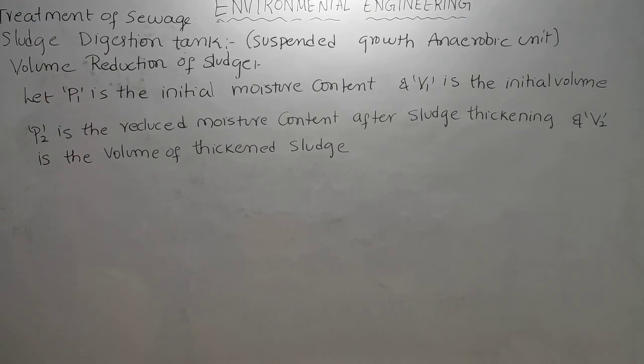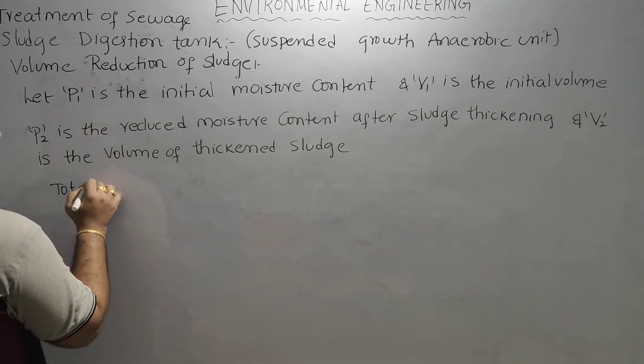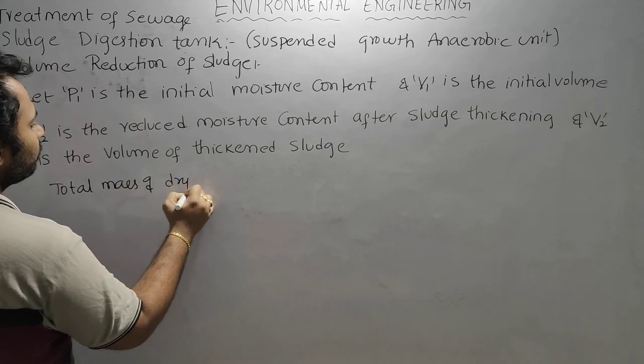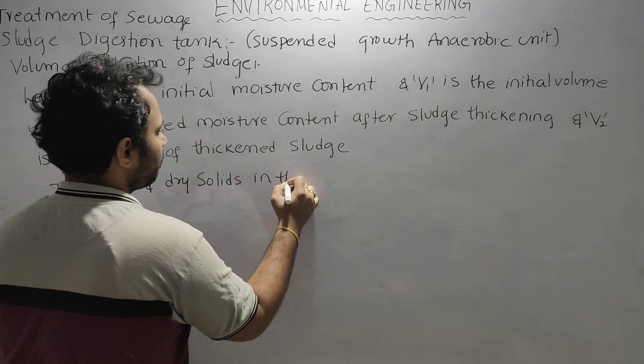Now here, total mass of dry solids in the sludge. Here, this is the concentration of the solids in the effluent. So what is the total mass of dry solids in the sludge?